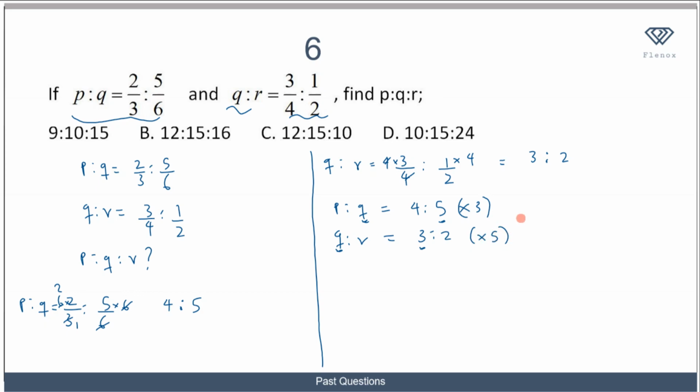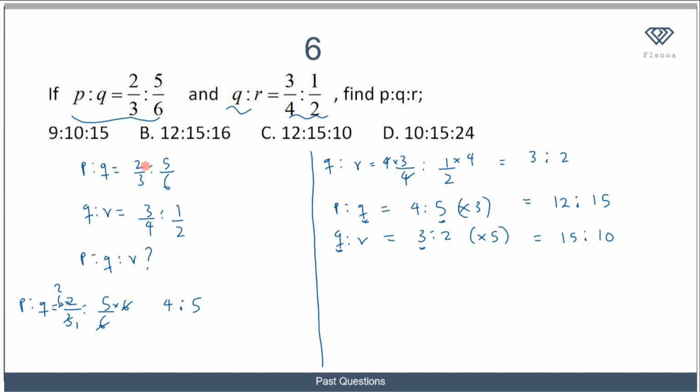So when we do that, what do we get? If we multiply 4 by 3, we have 12, and if we multiply 5 by 3, we have 15. Similarly, in this case, if we multiply 3 by 5, I have 15, and if I multiply 2 by 5, I have 10. So in essence, what I've just been doing is manipulating the ratios.